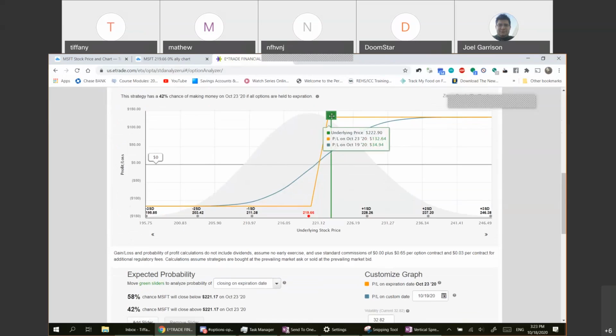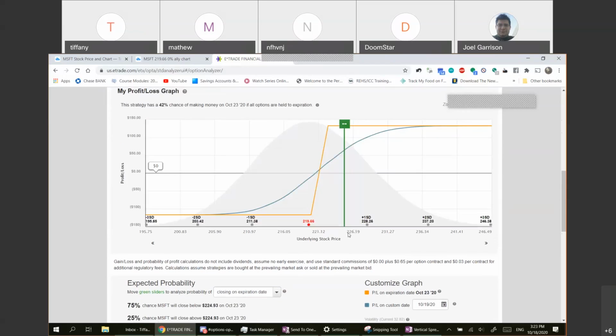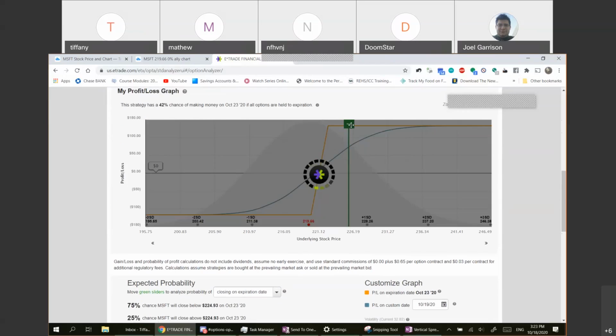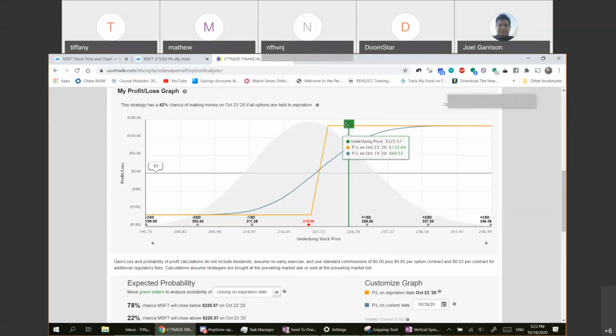If the stock keeps going up, let's say it goes to 226.19, your max profit for one is at least $120. Or let's see, yeah, by next week it's going to be $136.